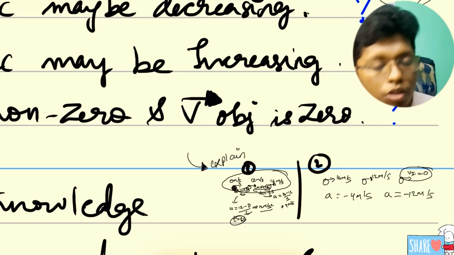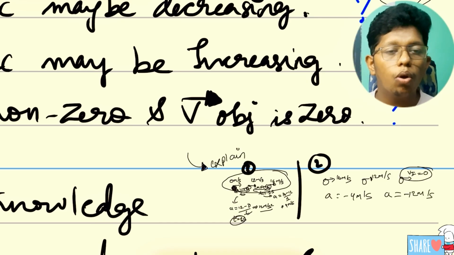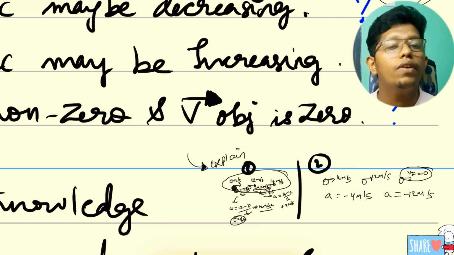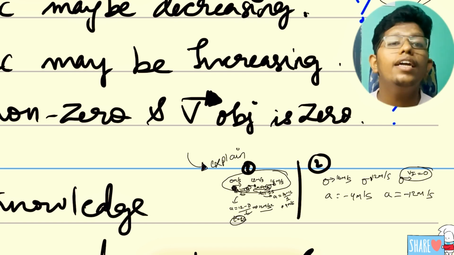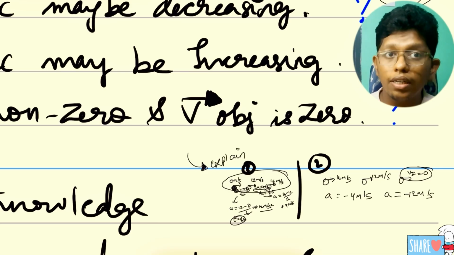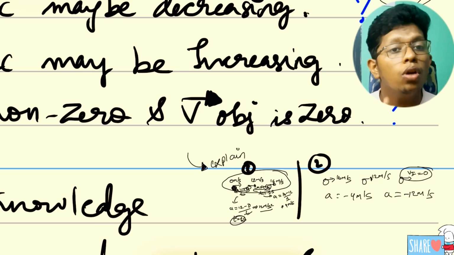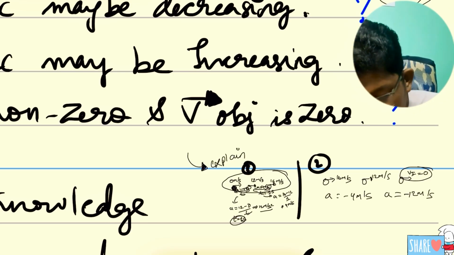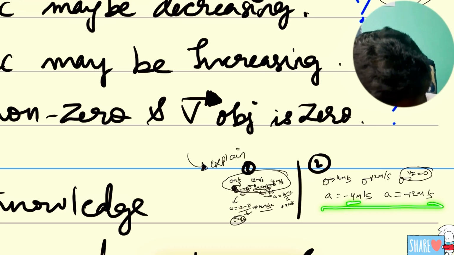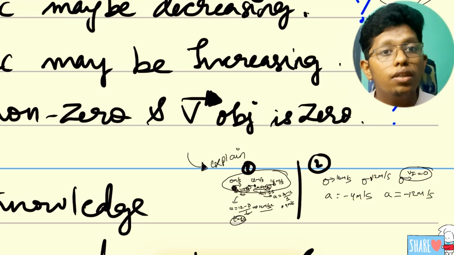The reason negative comes is that the velocity is decreasing, so we are going against the velocity. But if you see the magnitude, the acceleration is increasing: it is 4 here, and 12 here. So acceleration is increasing.